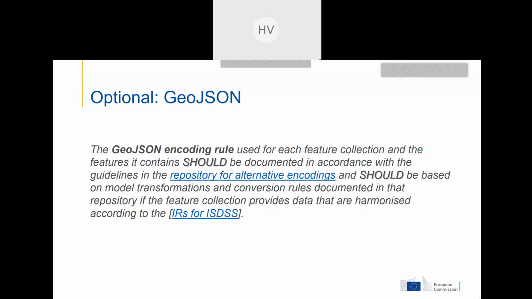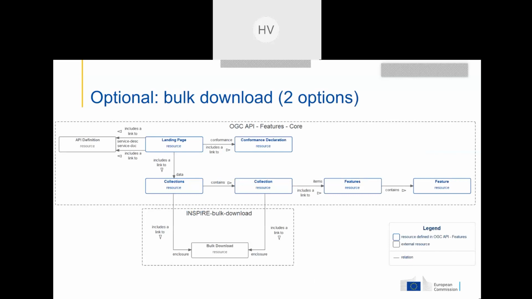Next slide, please. The last requirements class, an optional requirements class, is on bulk downloads, and it basically provides two options for linking to an external resource. It could, for instance, be a GeoPackage file containing all the features in the dataset. So one option is that you have a link on the collections resource that links to a bulk download.